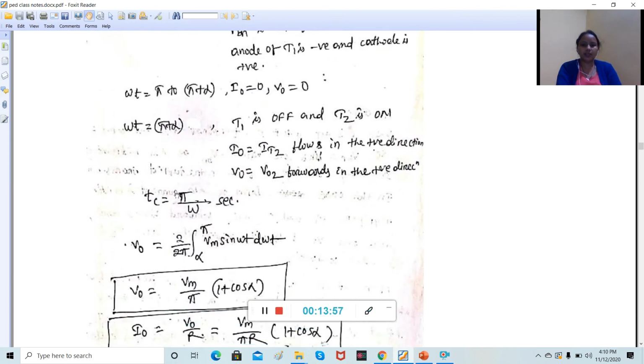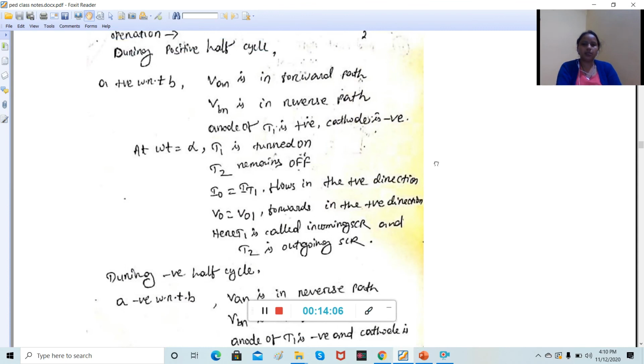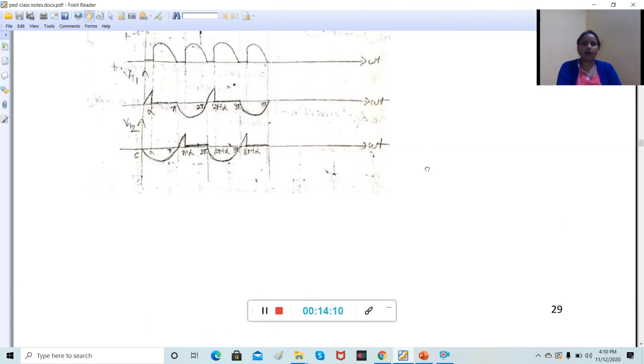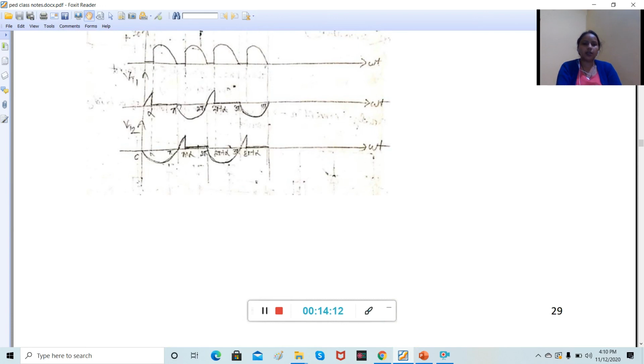And this is TC. This TC is the circuit turn off time, that is pi by omega second. How does this come? See, in every half cycle, here the circuit is completely turned off from pi to 2 pi. Here also the circuit is turned off from 0 to pi.